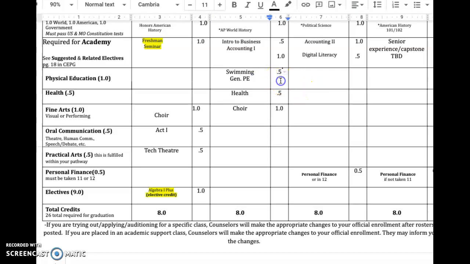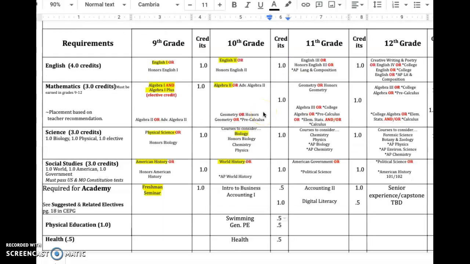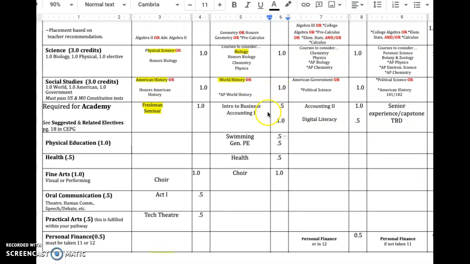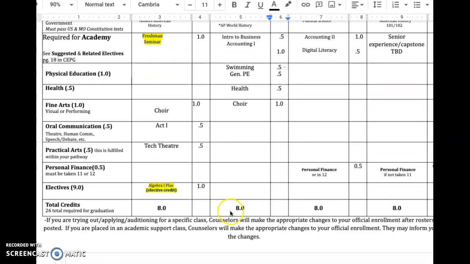And that's my 8 credits, I believe. Let's double check. Okay, so we're counting credits. 1, 2, 3, 4, 5, 6, 6.5, 7, 7.5, 8. So there are my 8 credits that I get to spend next year for enrollment.